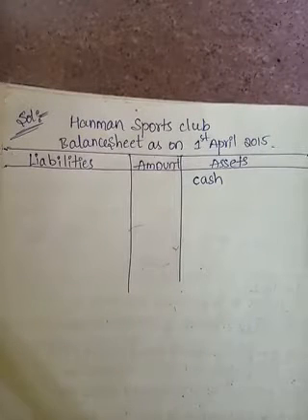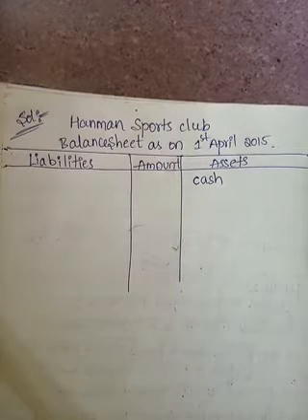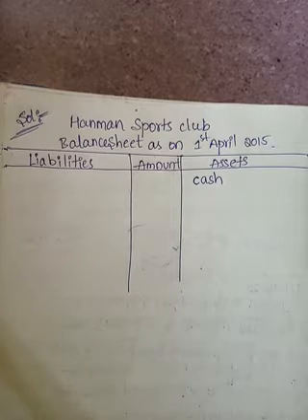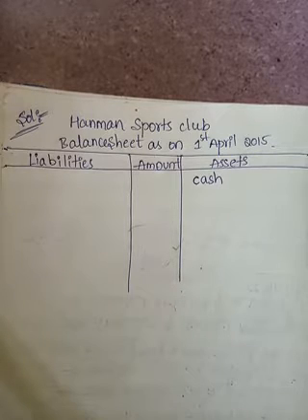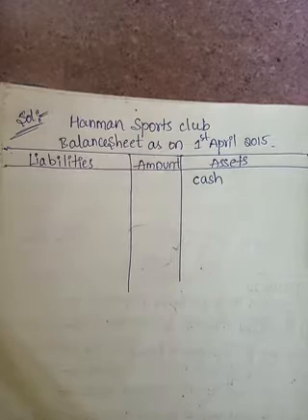Cash amount is how much? Cash is 48,000. Next is subscriptions outstanding.